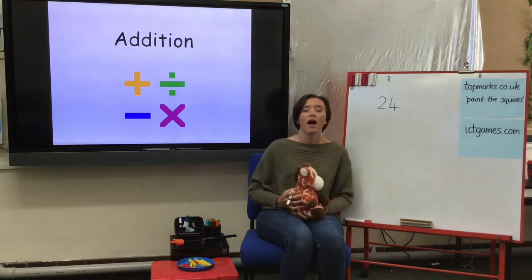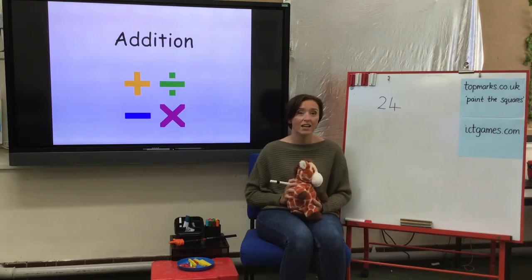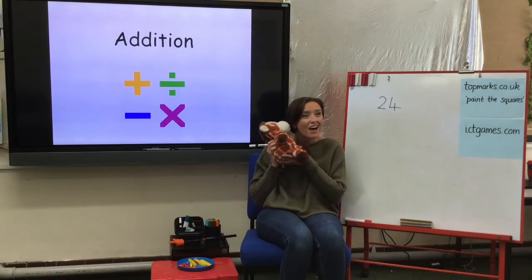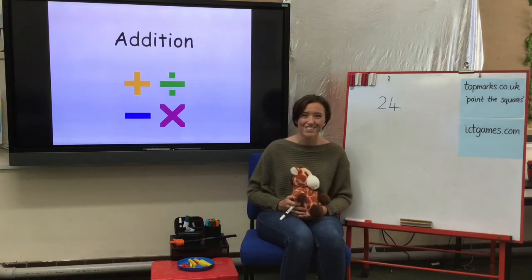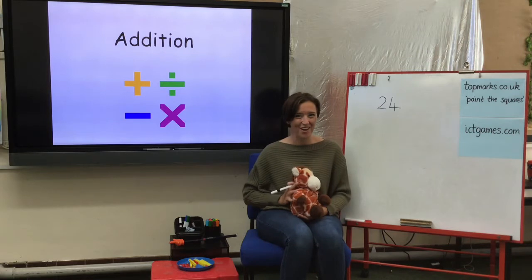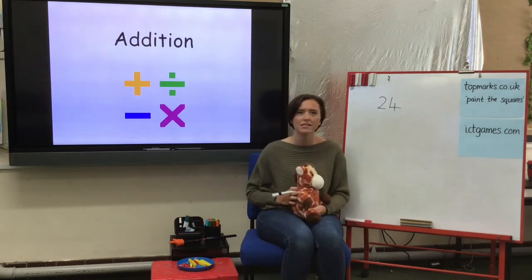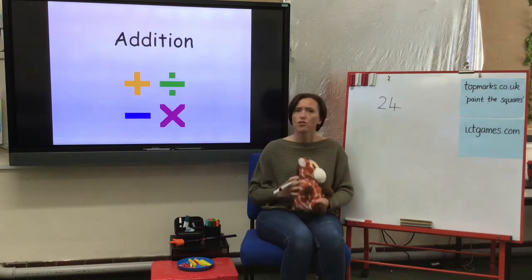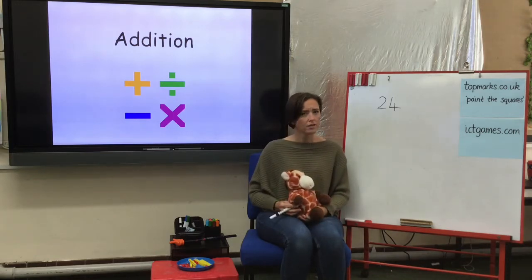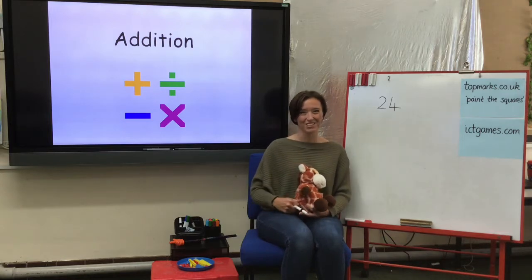Okay, this number has 6 tens and 7 ones. 6 tens and 7 ones is 67. Well done. Okay, one more, Gizzy. Okay, Gizzy's number has 9 tens and no ones. 9 tens and no ones is 90. Well done. Good job, guys.